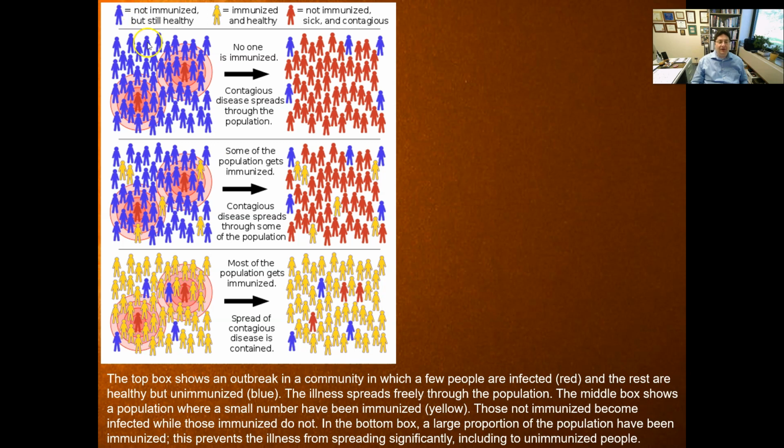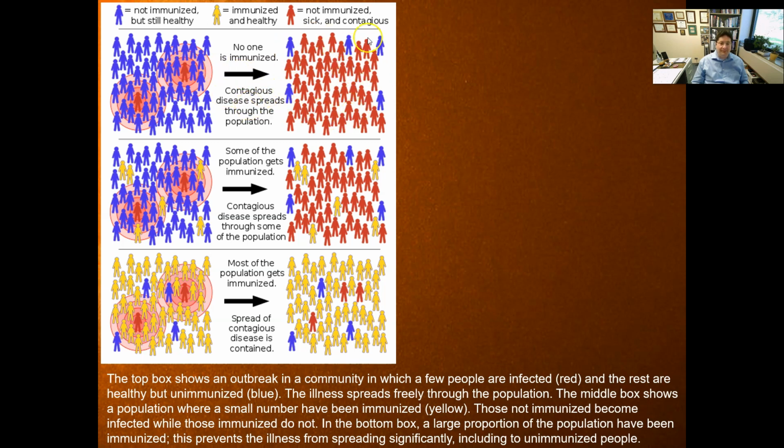So in this diagram here, blue is a person who's not vaccinated, but still healthy. Yellow is vaccinated and healthy, and red is sick, not vaccinated, and contagious. So in the top panel, we see no one is immunized. A few people get the disease in red, and it spreads because it's contagious.